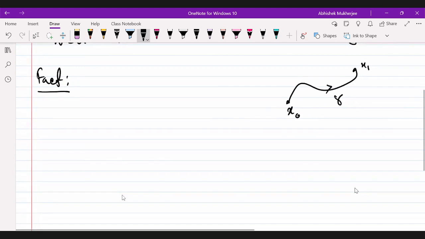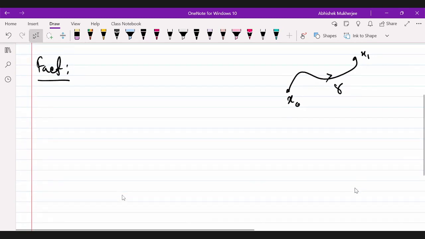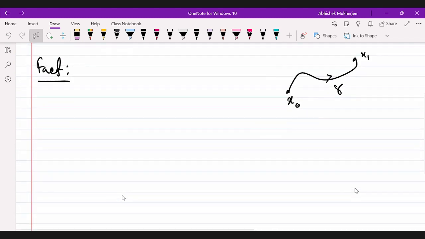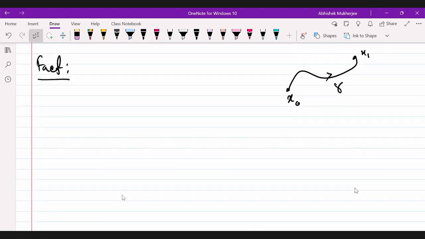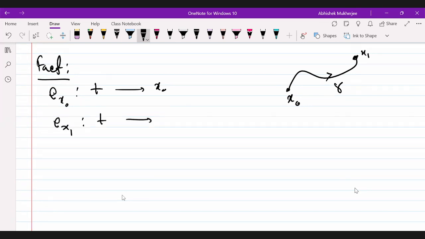Then for that gamma, for this point x0, we can consider a constant path, and for this x1, you can consider another constant path.